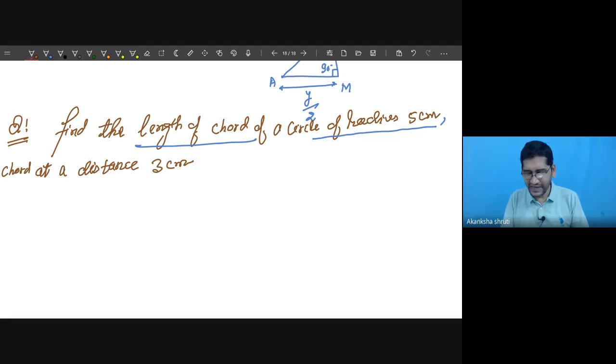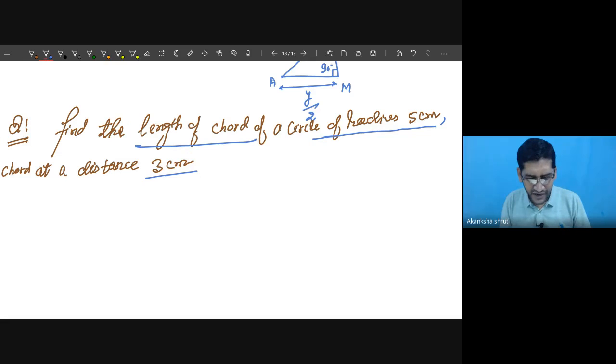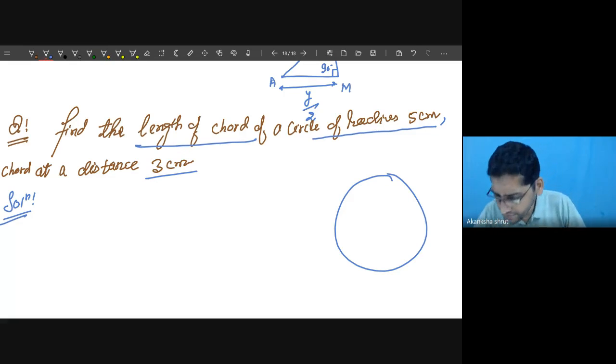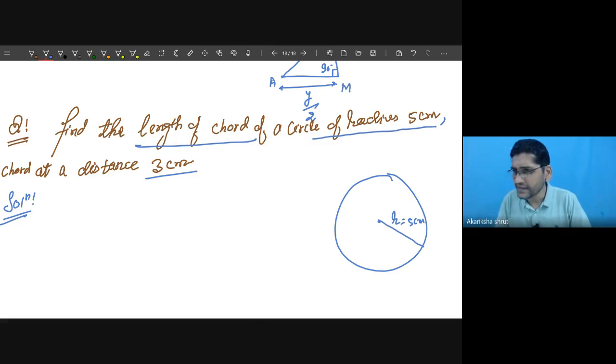So this chord is at a distance of 3 centimeter. Means what? We are given a circle of radius, how much? R is equal to 5 centimeter. Okay, student, it is this much.